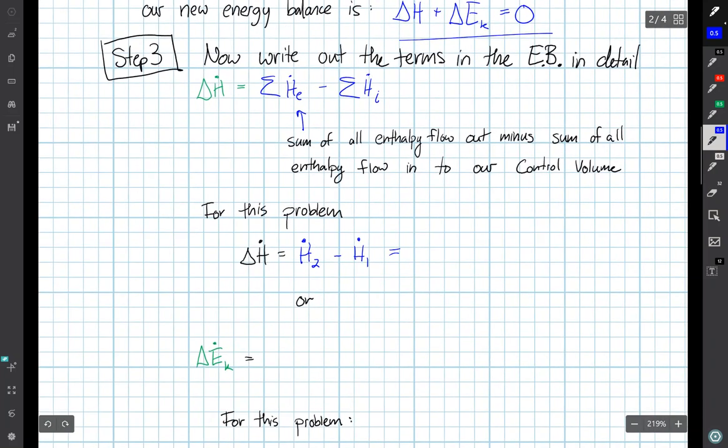So the enthalpy that's leaving can be written as the mass flow rate times the specific enthalpy. And similarly, for the enthalpy coming in. Right, so we can write this, or delta H dot equals m dot H2 minus H1.